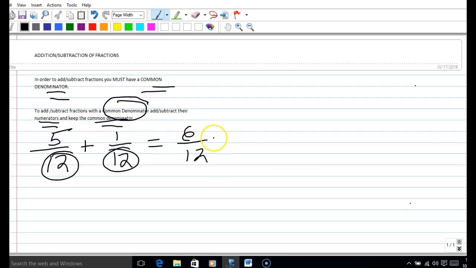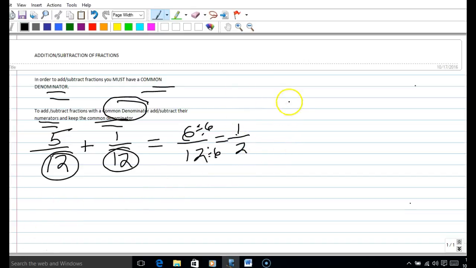And of course, in this class, it goes without saying that anytime we're working with fractions, we always express our answer in simplest terms. So here, both 6 and 12 contain a common factor of 6, so we can divide 6 out of each of these numbers, which gives us an answer of 1/2.